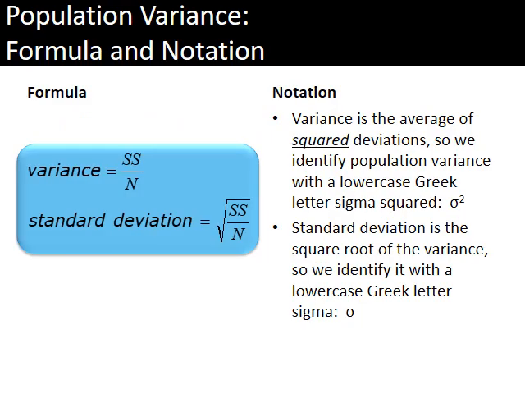Okay, so by this point, you should be familiar with these two formulas, and you should understand what they represent conceptually. Given a population of data, you should be able to calculate variance and standard deviation. The formula for variance is the sum of squares divided by n, and the standard deviation is the square root of the sum of squares divided by n.